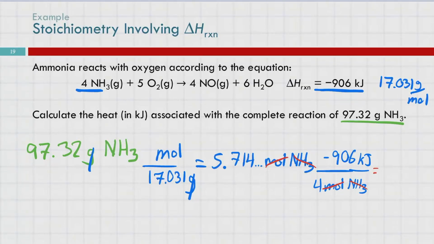So times minus 906 and divide by 4. Minus 1,294 kilojoules.